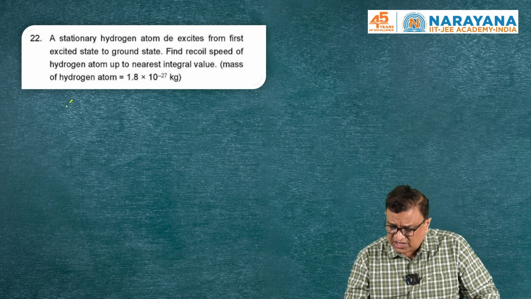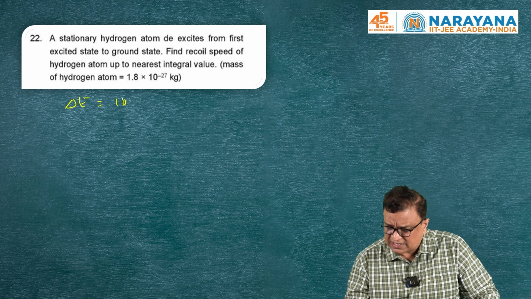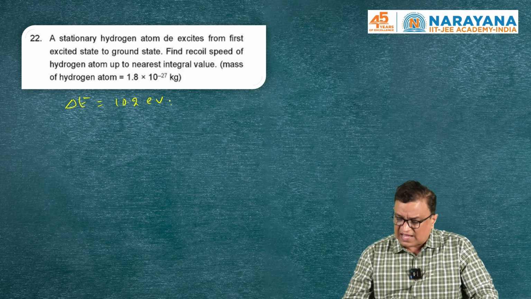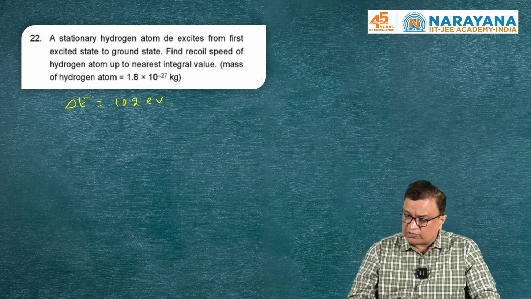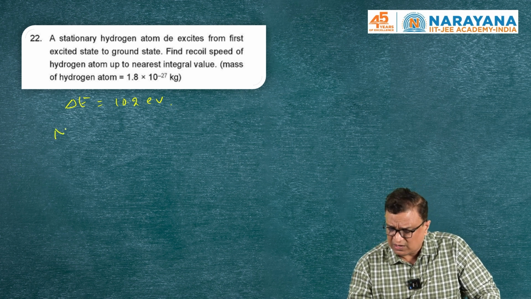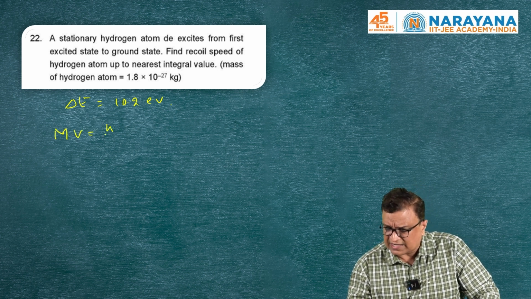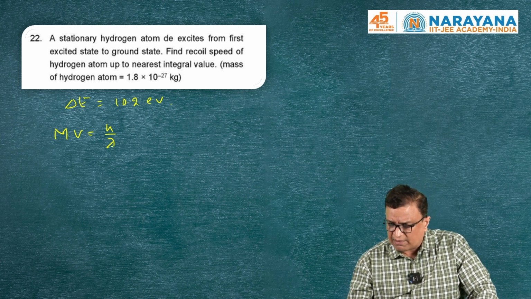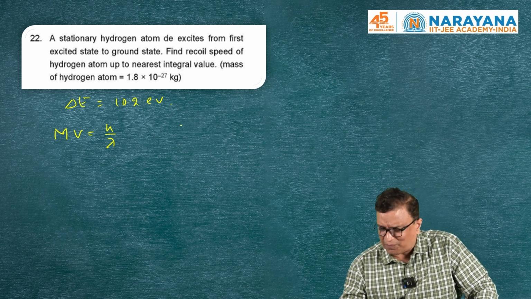See, the energy difference in this case is 10.2 electron volt. Remember, that means the photon is having an energy of 10.2 electron volt. You want the recoil speed. Very simple. mv is h by lambda, where lambda is the wavelength of the photon.